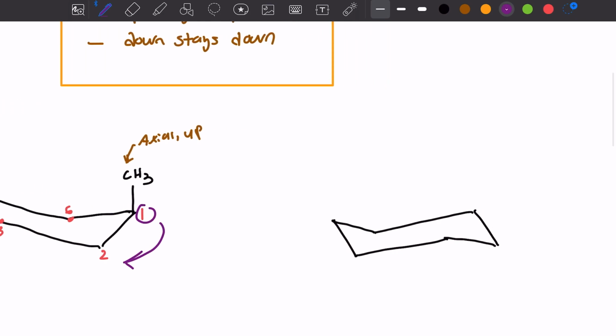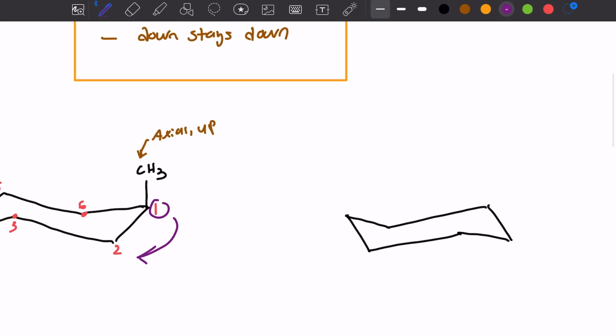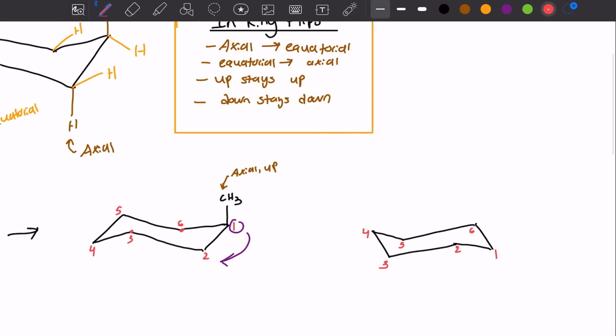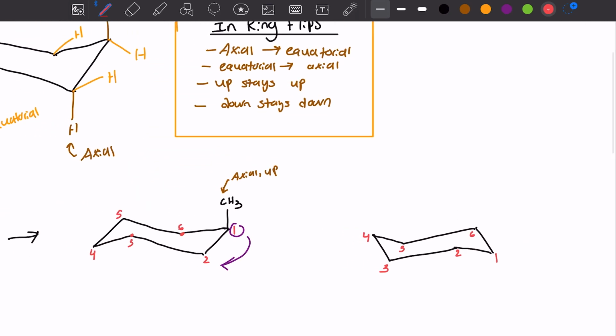Whenever you do a ring flip, just move the carbons that you've numbered in the clockwise direction. So where I've circled 1, this is now going to become carbon 1. This will be carbon 2, 3, 4, 5, and 6. It's very simple. Just remember that when you do these ring flips, you move all the carbon numbers over one, in the clockwise direction.